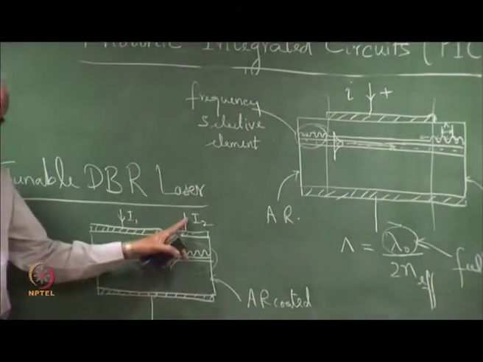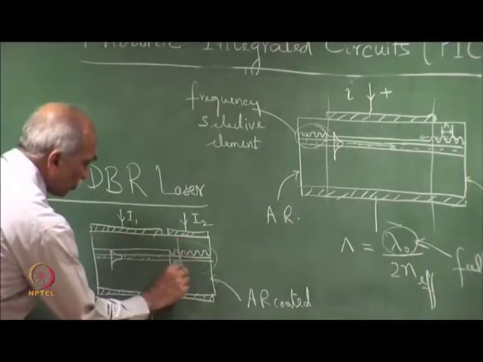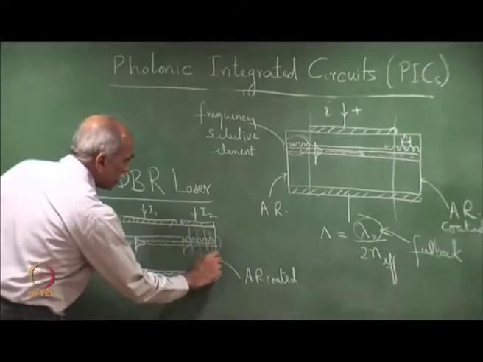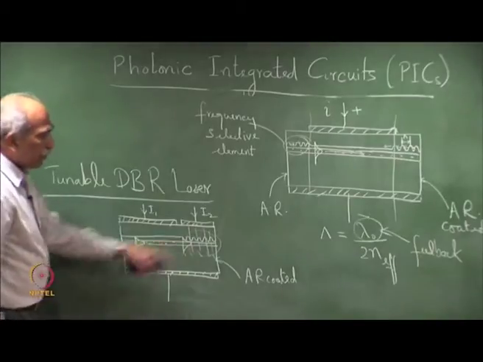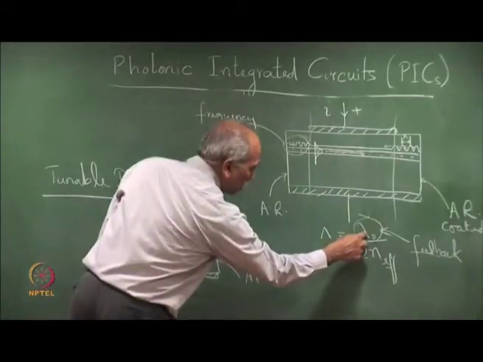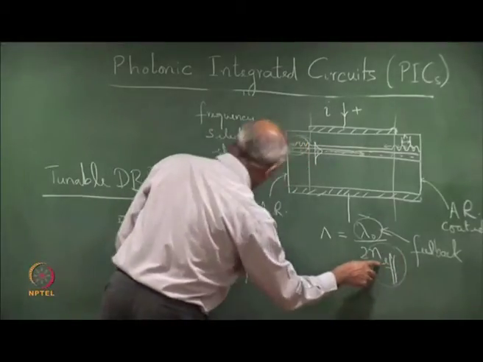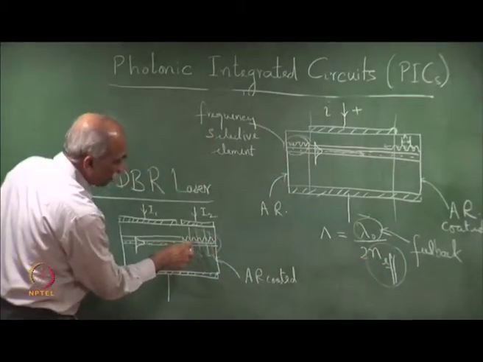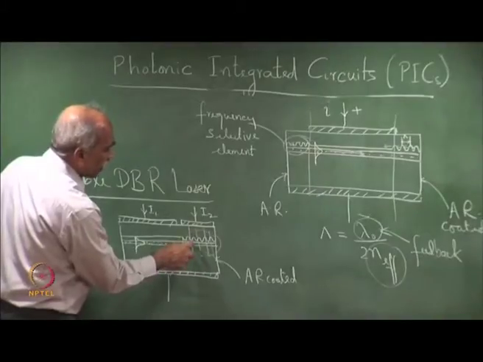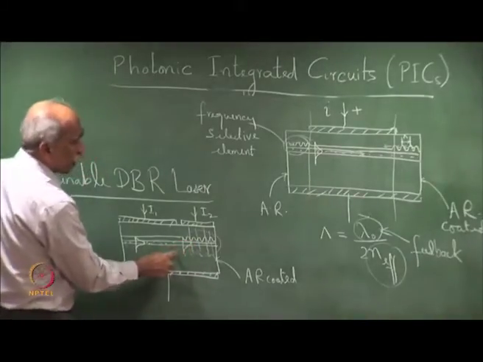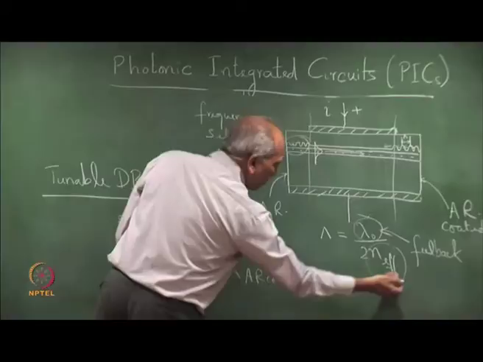However, in this case, because current also flows through this region, the choice of frequency which oscillates will depend on the N effective, which depends on the refractive index of the region here. Therefore, N effective can be affected.